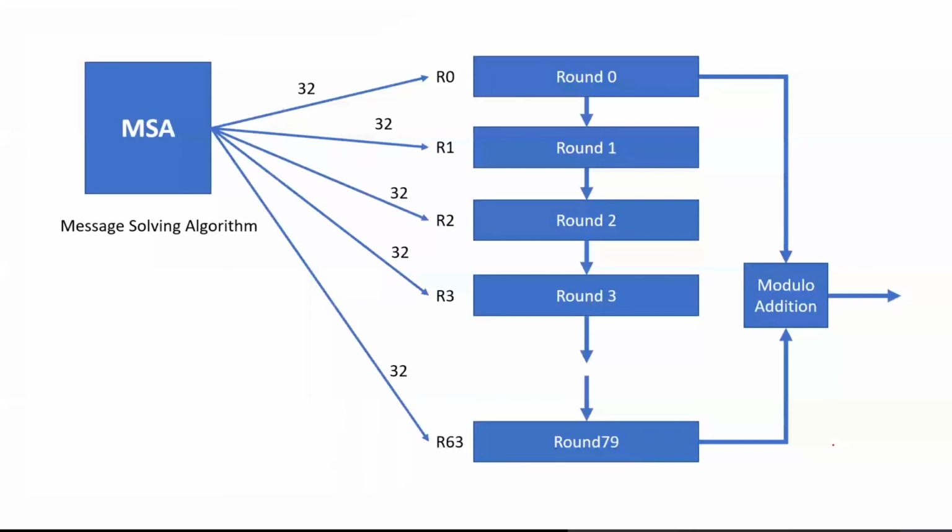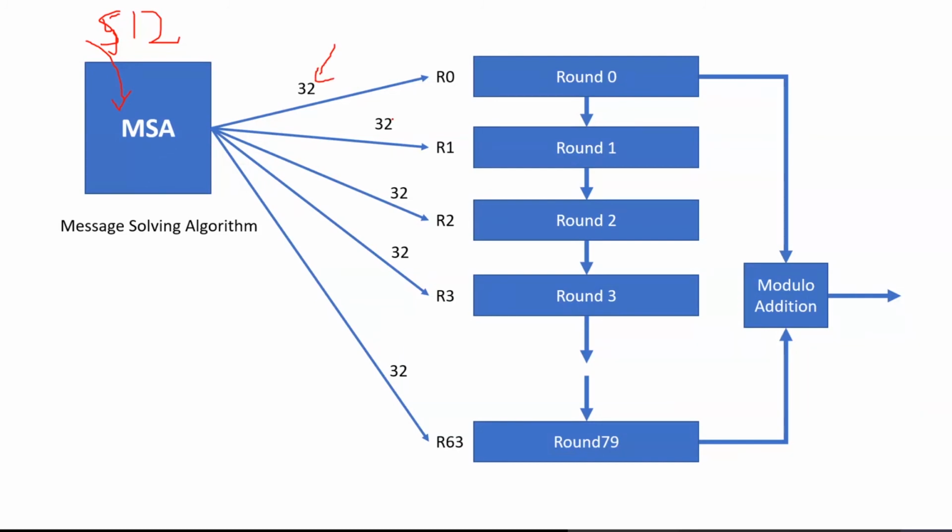This is what happens. I had a chunk of a 512 bit block. I divide that 512 bits into 32 bits.